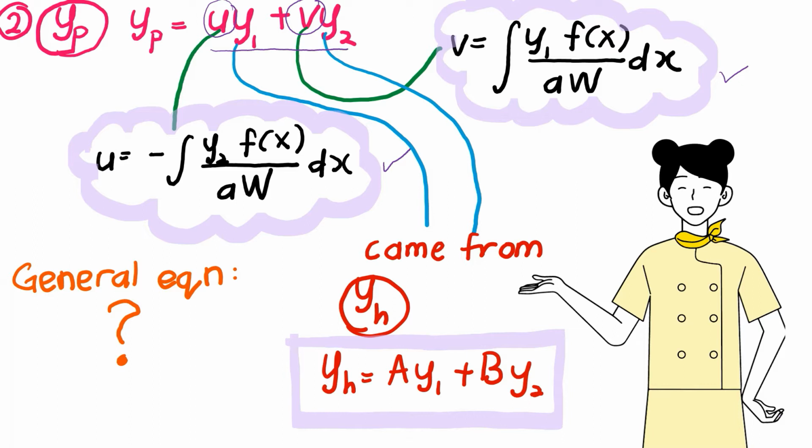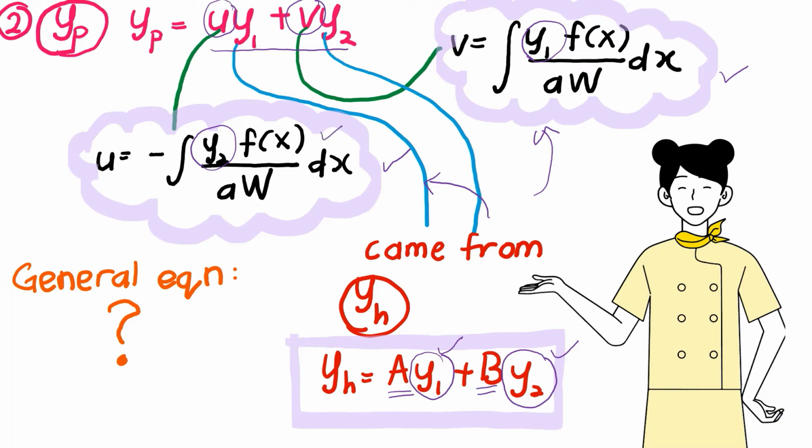We know that y1 and y2 come from the homogeneous solution, which is given by a y1 plus b y2, so next to your constants a and b are your y1 and y2. You need to figure out y1 and y2 from your homogeneous solution, and then we plug into the formulas of u and v.